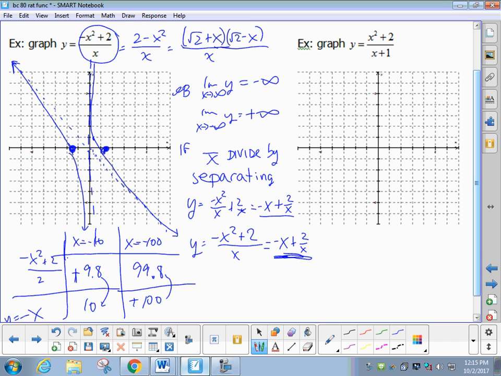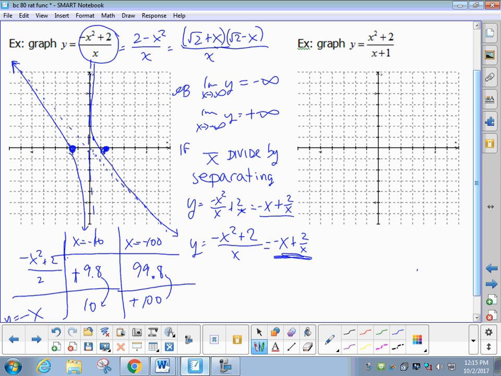Second thing, if you're darn good, then the remainder is pretty informative here. This is what I'm graphing. The remainder will tell you where you are above or below the slant asymptote. At a positive x, is this remainder going to be positive or negative? Positive. So will I be above the line or below the line?